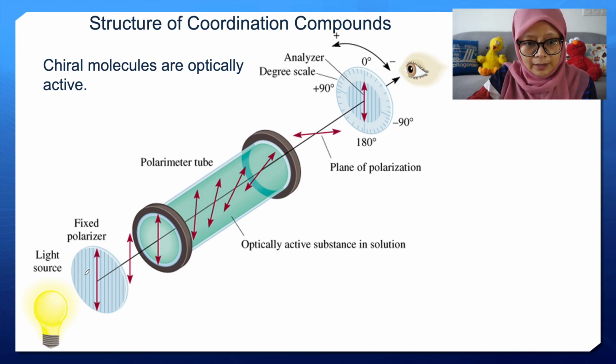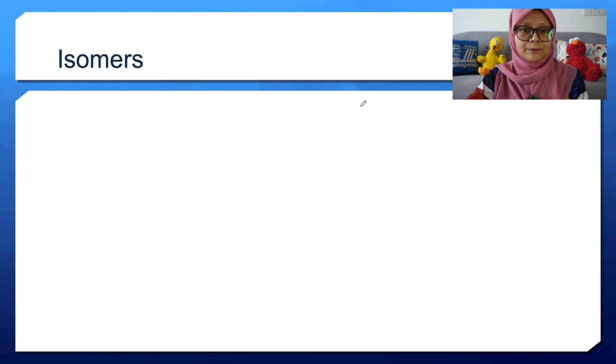So this is the polarizing filter, and then in this polarimeter, this is where the plane polarized light is passed through a chiral solution where you have your sample here, and the polarization plane here will give you results, also using the analyzing filter. And here, as I mentioned before, you will get positive and also negative results.